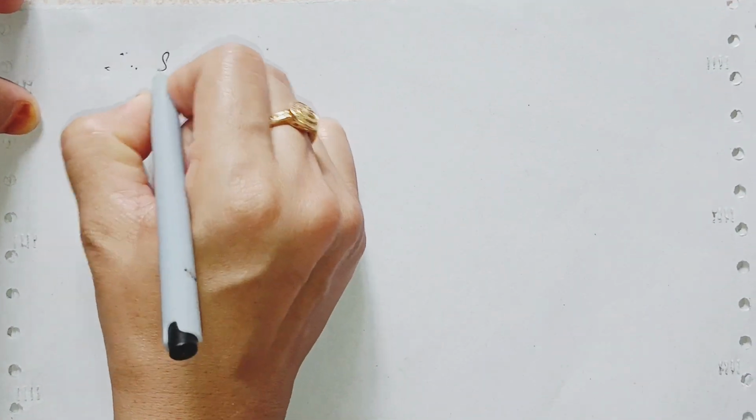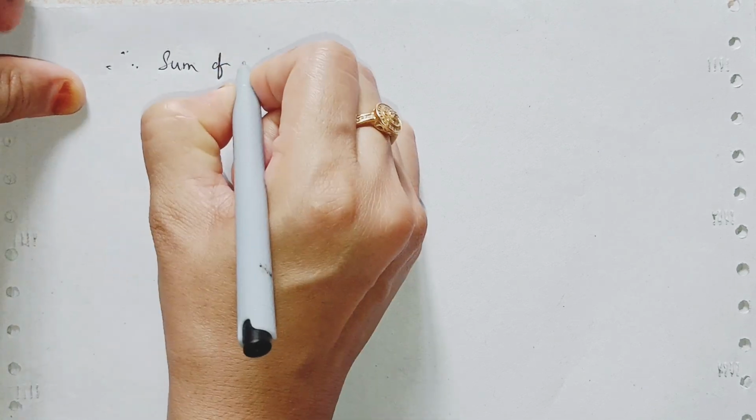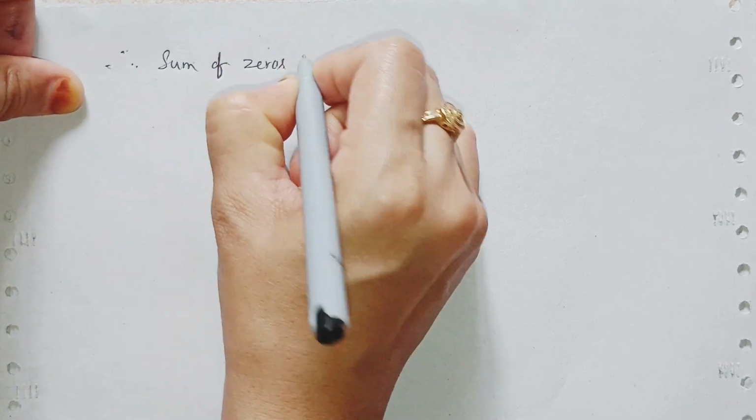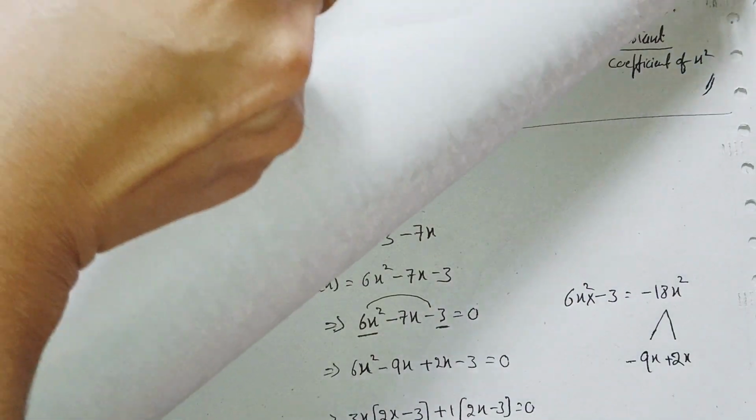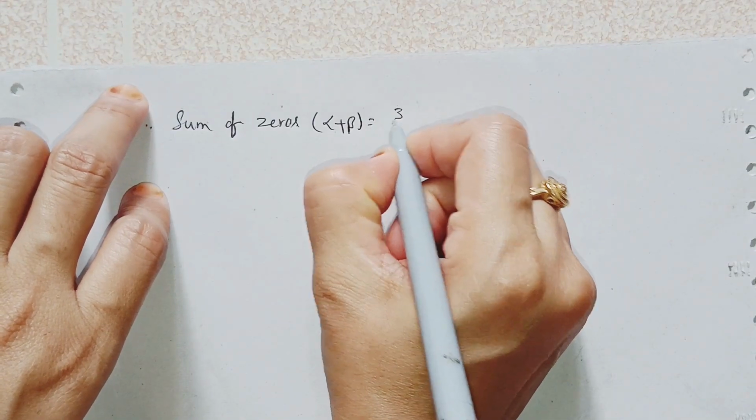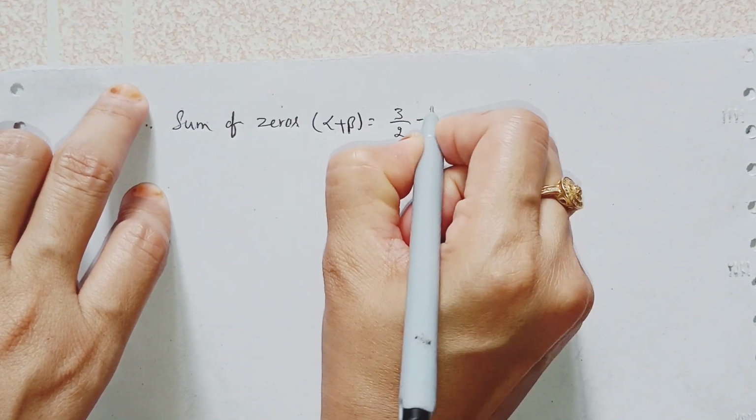Therefore, sum of zeros, which is alpha plus beta. What is alpha value here? My 3 by 2 and beta is minus 1 by 3. So 3 by 2 minus 1 by 3.